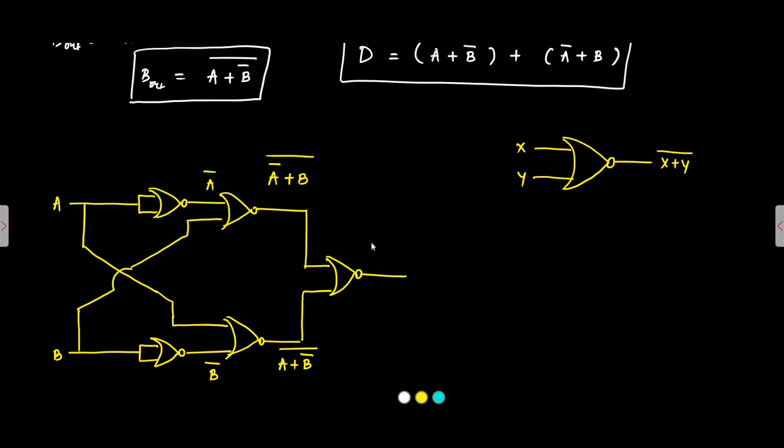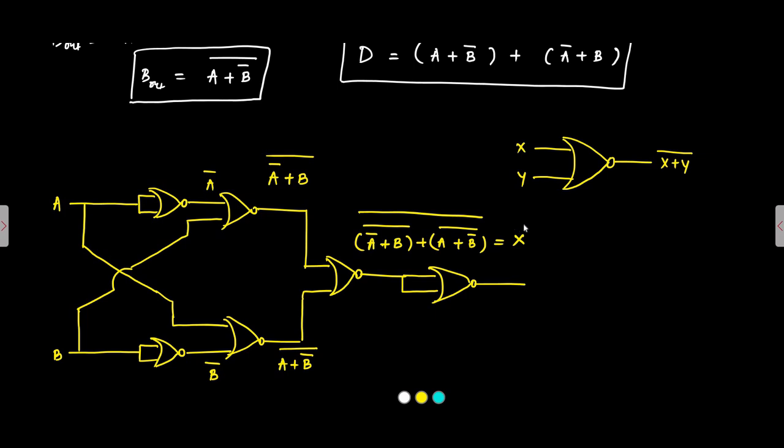So we'll have A bar or B whole complement or A plus or B bar whole complement, and then whole complement of the entire thing. Now if we again apply it through another NOR gate, this upper complement will be removed because of double complement.